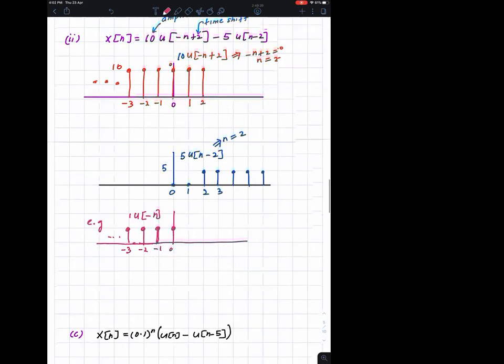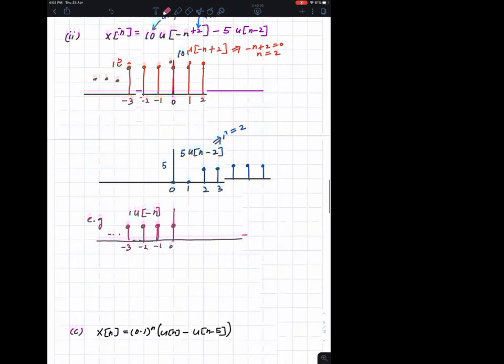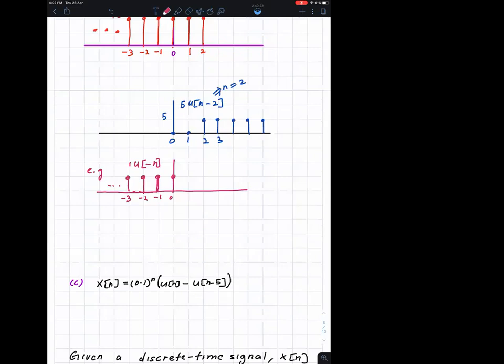If I make it plus, u of n, now you just flip around the vertical axis.